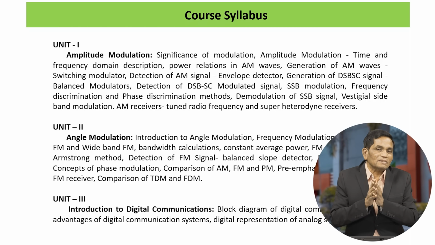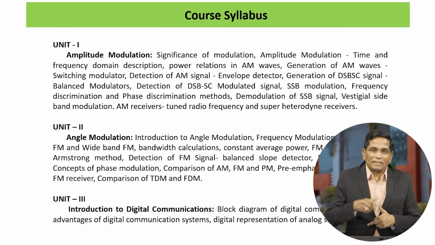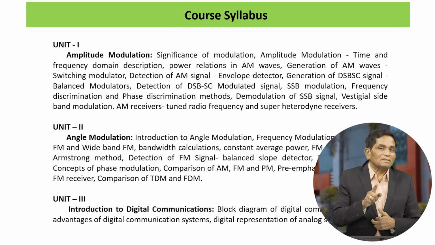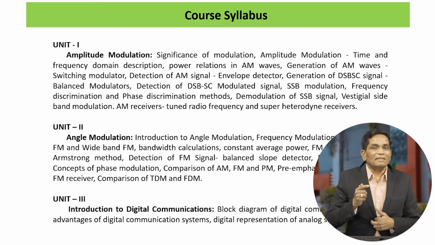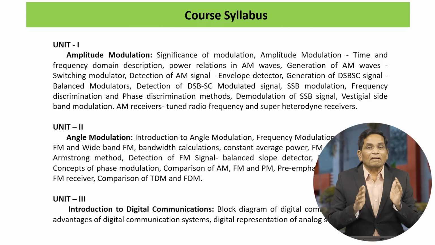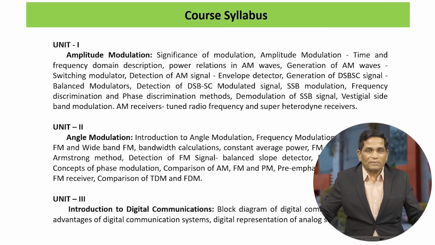Remember one thing, my dear students, radio and TV are called only receivers. We are receiving the signal. But a mobile phone consists of both transmitter and receiver, because whenever we are talking on a mobile phone, we are transmitting as well as receiving. The combination of transmitter and receiver is called the modem. Modem means modulator plus demodulator.